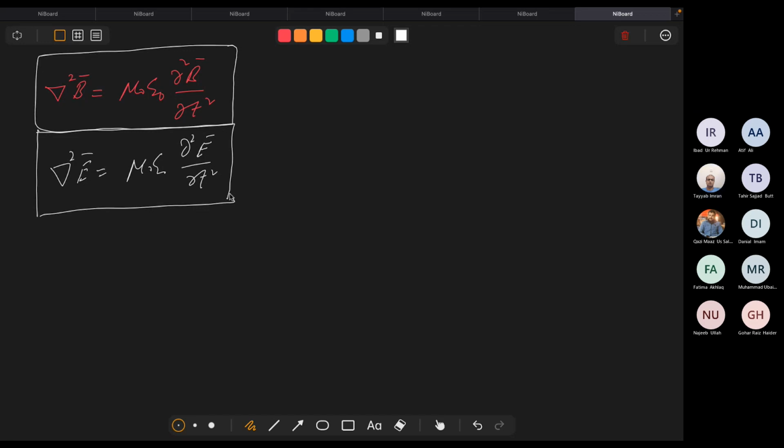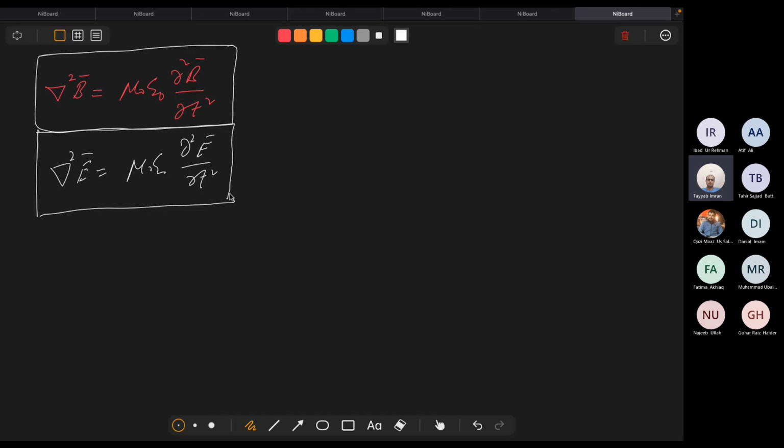Now we have two wave equations, and in these two wave equations, left side with the position and right side with the time.